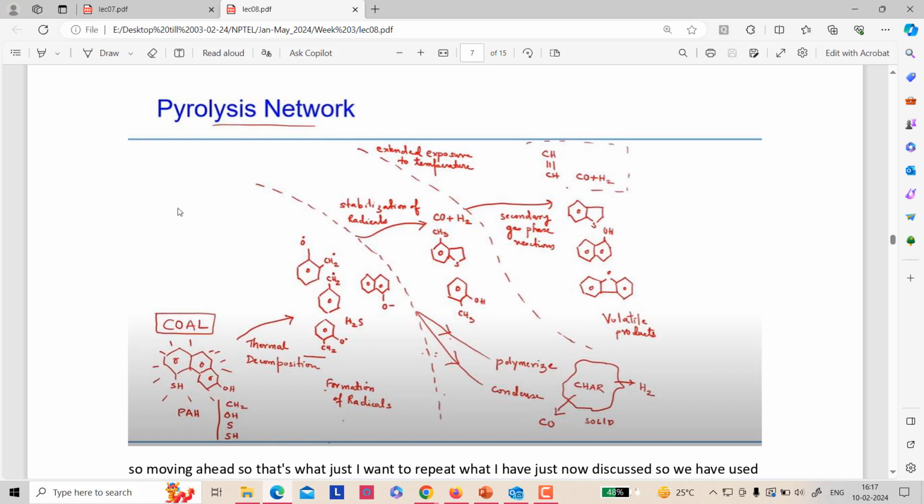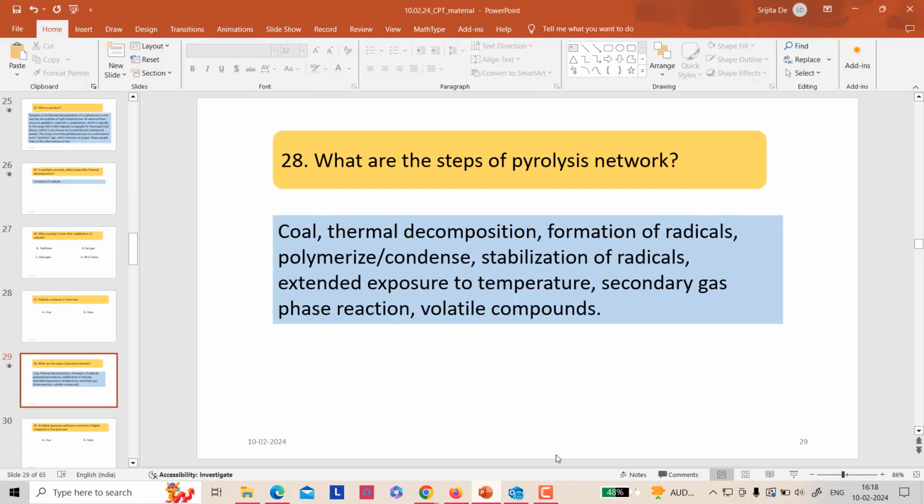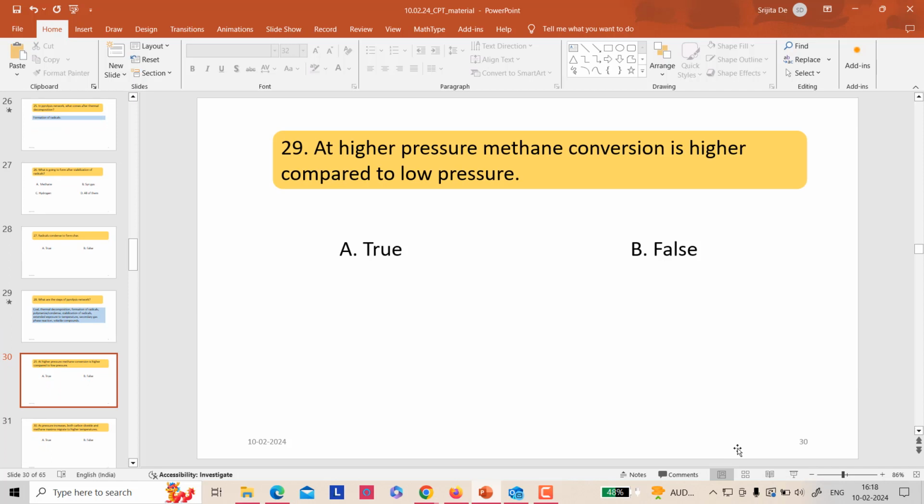So this whole process is called the pyrolysis network. Next: at higher pressure, methane conversion is higher compared to low pressure.